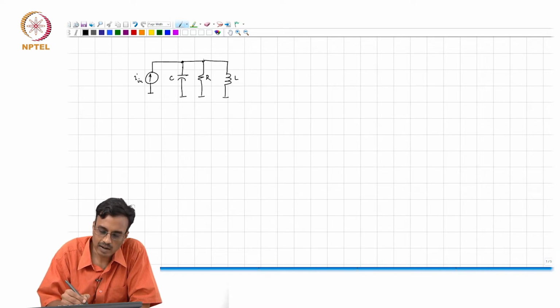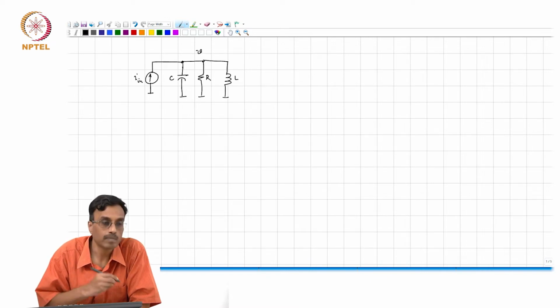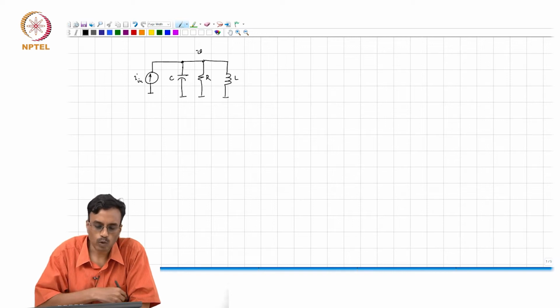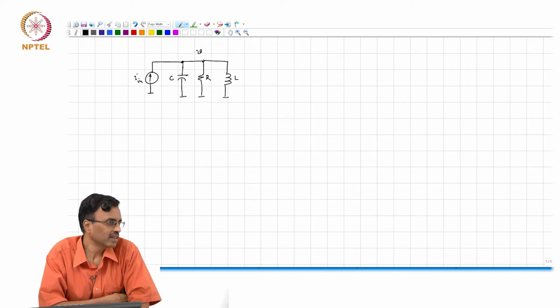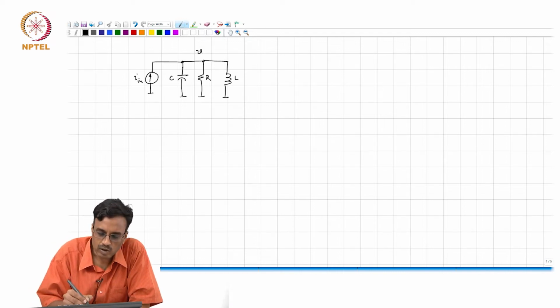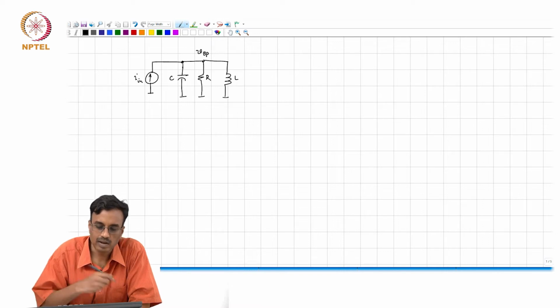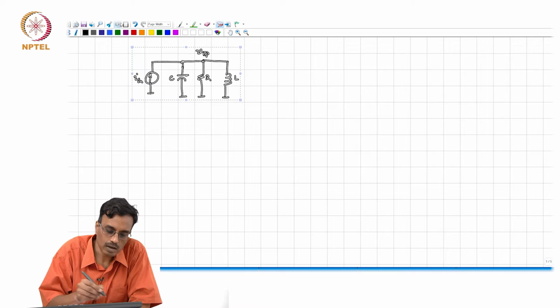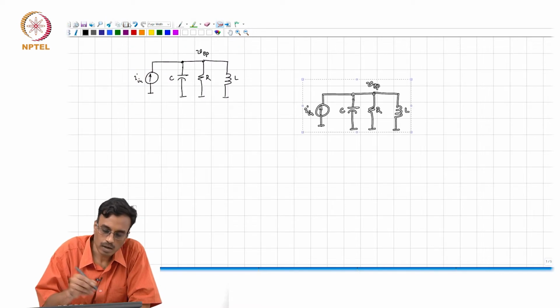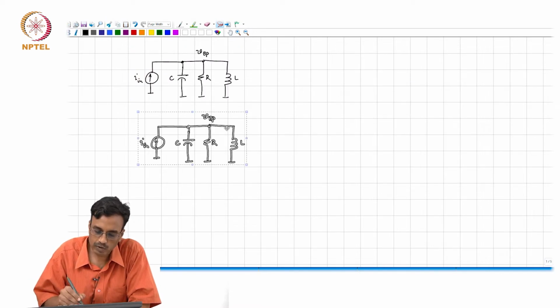Let us call this voltage V. What is the transfer function from IN to V? It is second order band pass. Let us call that VBP, and what we want is to realize the same functionality without having to use the inductor.